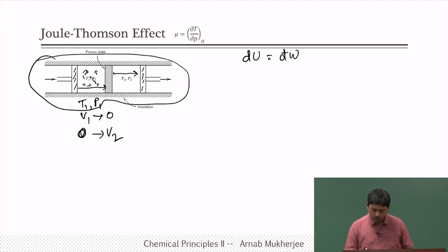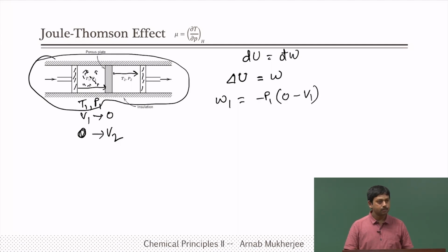Let us say in the whole process the change in internal energy is U, and we have to calculate the amount of work done W. So W in the first step, when it goes from V1 to 0, is how much? What is the external pressure that it is dealing with? P1, right. So minus P1, it goes from V1 to 0, so 0 minus V1, because it is final volume minus initial volume.